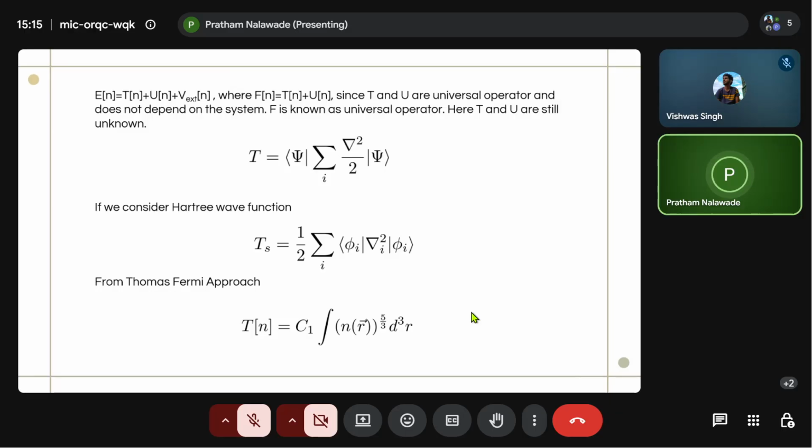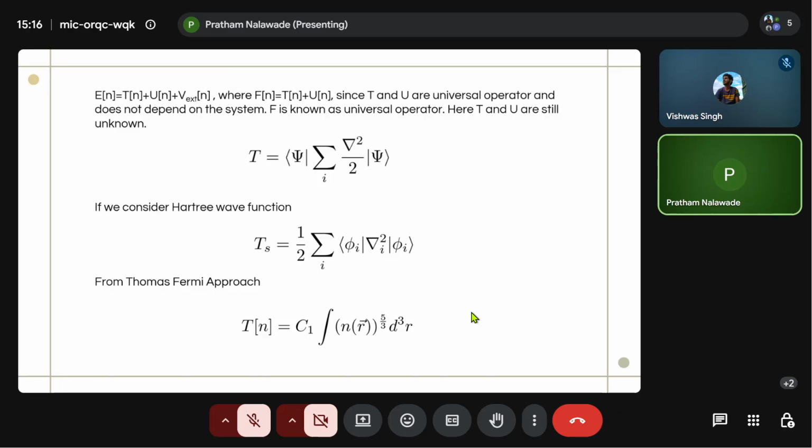So from there you get this form that the T of n is basically proportional to n of r raised to 5 by 3. Well, I cannot say proportional because there's an integral sign, so that will change the power. But this is the form we get for the T. So we have written T in terms of charge density. We have already written V external. Now we are only left with the U term, which is our electron-electron interaction.